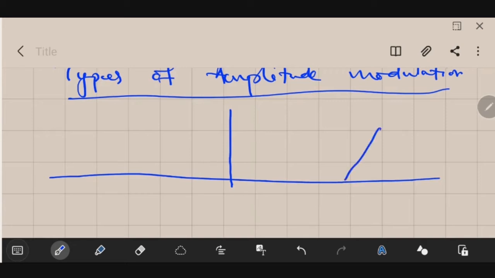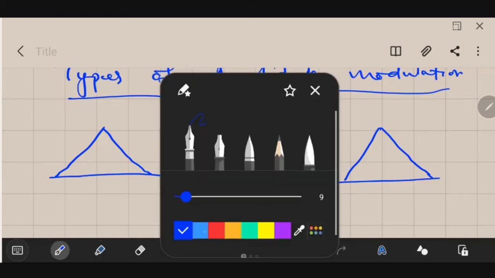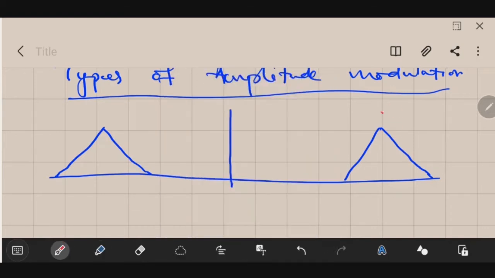Let me show you. This is the modulated signal. These triangles show you the modulated signal, and the red impulses here show you the presence of the carrier. Sometimes this is called your carrier.